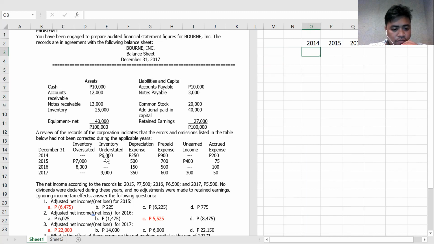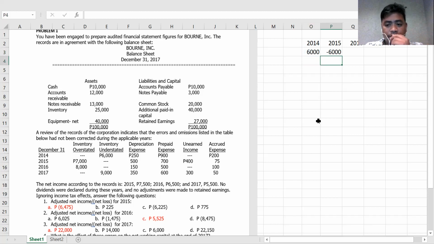Ending inventory is understated. If ending inventory is understated, the result is that net income is understated by 6,000. This is counterbalancing, so it is a deduction in the succeeding year's net income.